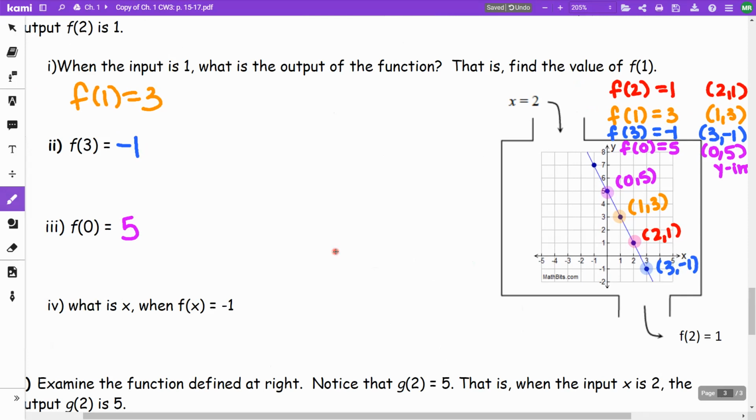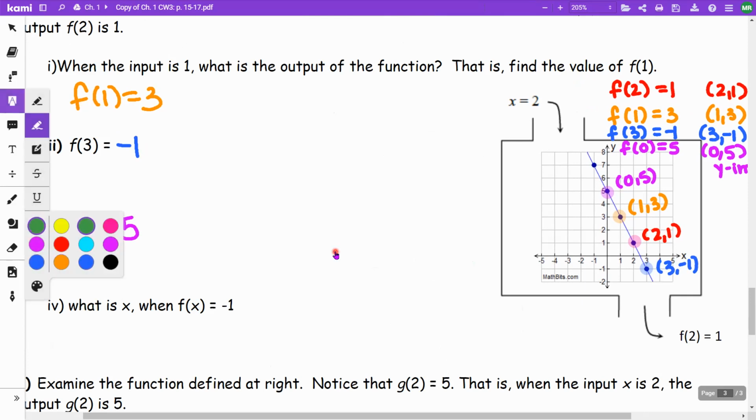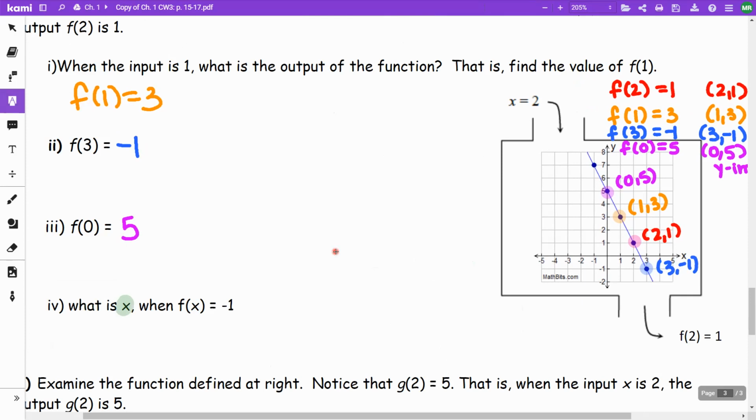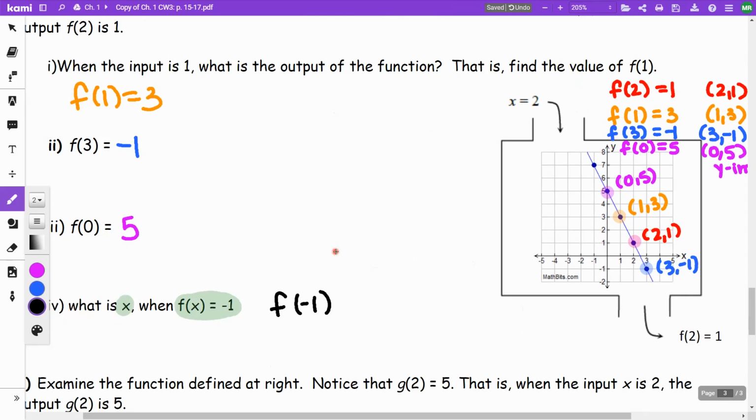Now, Roman numeral 4 is saying, what is x when f of x is -1? So we got to be a little careful with this one. So it says we want to find x when f of x is -1. That is not asking me to do f of -1. That's not what it's asking me to do, okay?